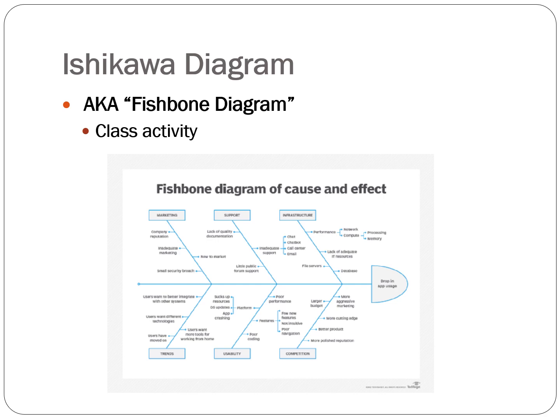Likewise, we identify issues with support and infrastructure that may be the root cause of a drop in app usage. So that's how a fishbone diagram is done. In a sense, it's almost like brainstorming individually.